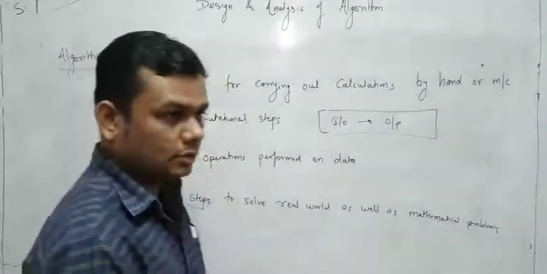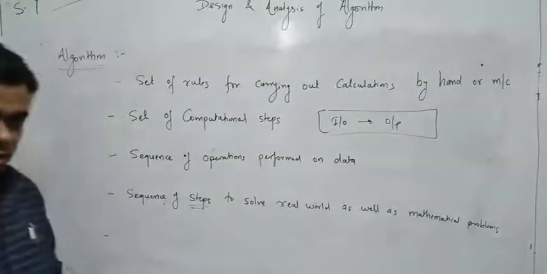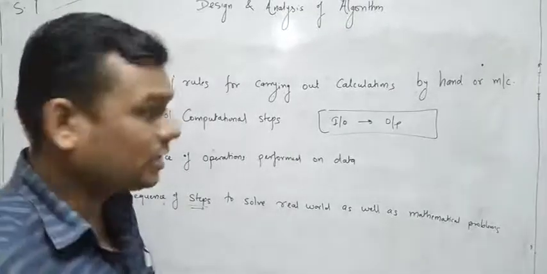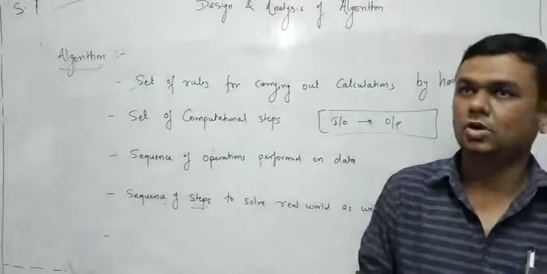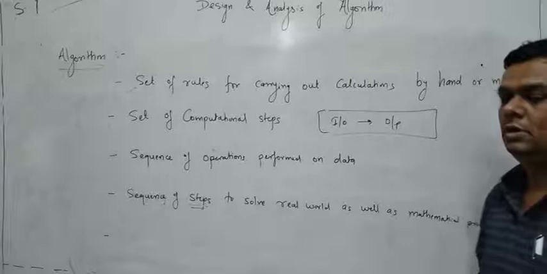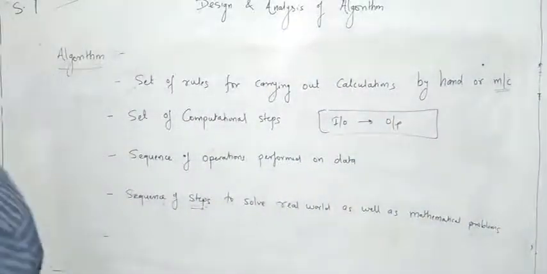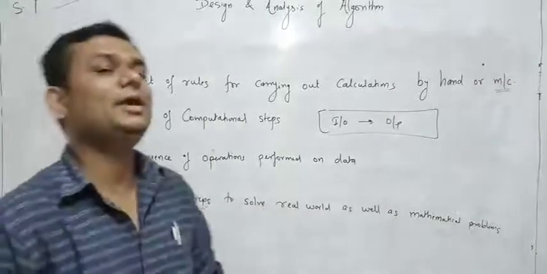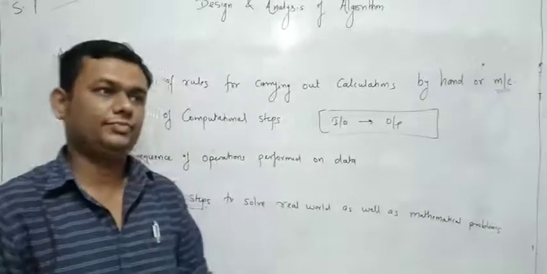So there are various types of definitions of algorithm. If we refer to the first definition, it is a set of rules for carrying out calculations by hand or by a machine. Meaning when you have to perform any type of calculation, solve any type of mathematical problem, or solve any real world problem, at that time we have to write a number of steps.